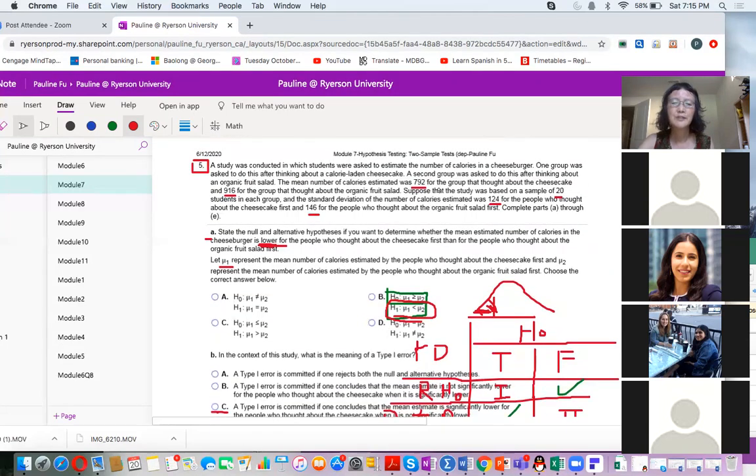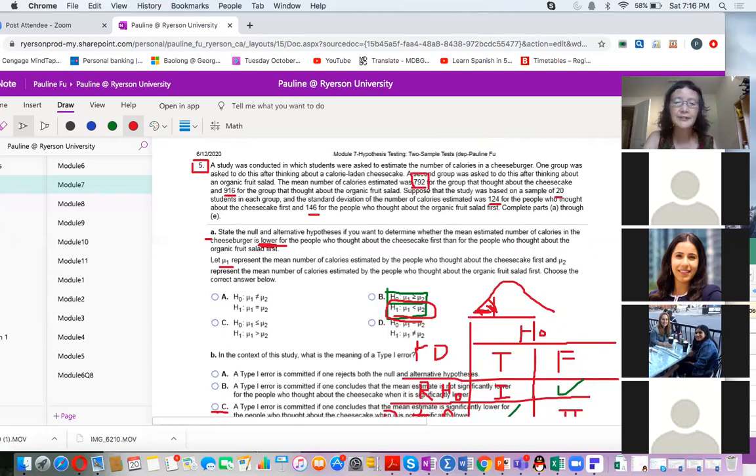So where is my sample 1 mean? The mean number, see, it is this number here, 792. 792 is your x1, okay?